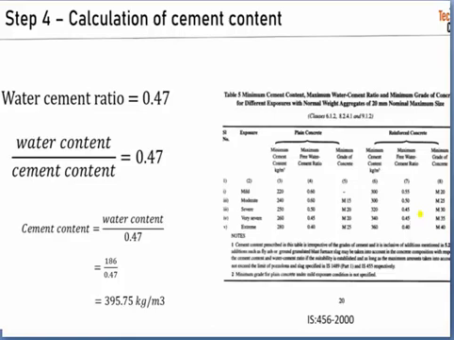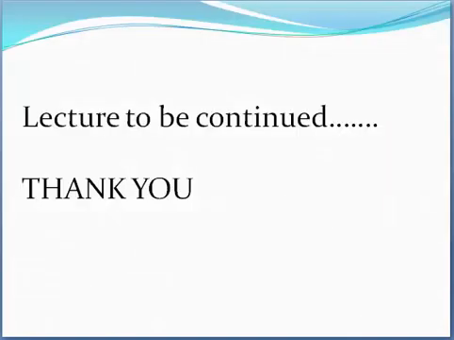So basically you will calculate the cement content, then you will compare it with Table 5, and it should fulfill the minimum requirement. The calculated cement content is 395.75 kg per cubic meter, and this is okay because the minimum required was 300. If it were 295, then we should take the cement content as 300 kg per cubic meter, right? So students, we will continue with the other steps in the next video. Thank you.